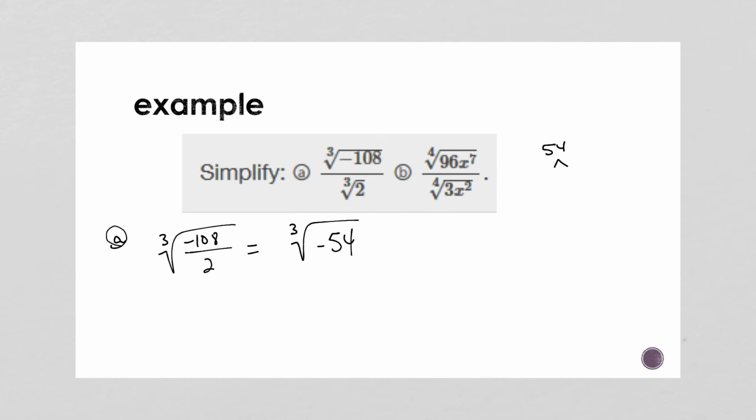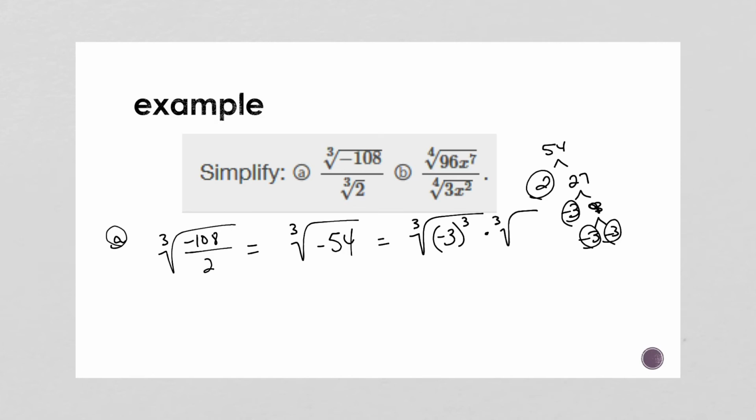All right, so I would have 2 times 27. 2 is prime. 3 times 3. No, sorry, 3 times 9. Sorry, and then 3 times 3. Okay, and then don't forget we've got our negative in here too. So could these be negative? Yeah, totally. Okay, so let's see here. Now we've got the cube root of -3 to the third power times the cube root of 2.